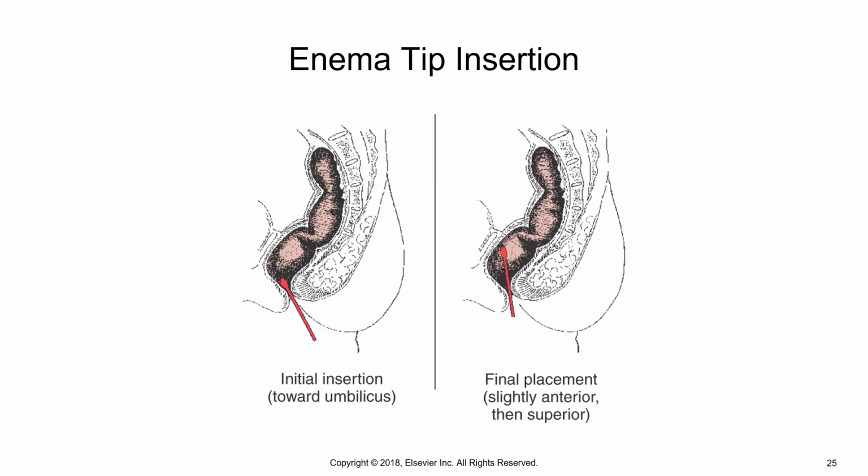This should be aimed towards the umbilicus. After that, it's directed superiorly and anteriorly to follow the normal curvature of the rectum. Total insertion of the tip should not exceed 3 to 4 inches to prevent injury to the wall of the rectum. Okay, that sounds super complicated.